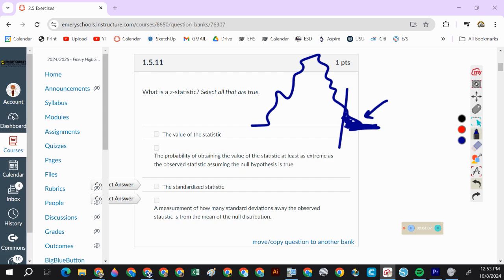So we call that the p-value, and that is the probability of a fair coin landing in this window, which does happen rarely. Is a z-score the standardized statistic? Yes. And is it a measure of how many standard deviations away from the mean of the null distribution the observed statistic is? Yes. So both of those.